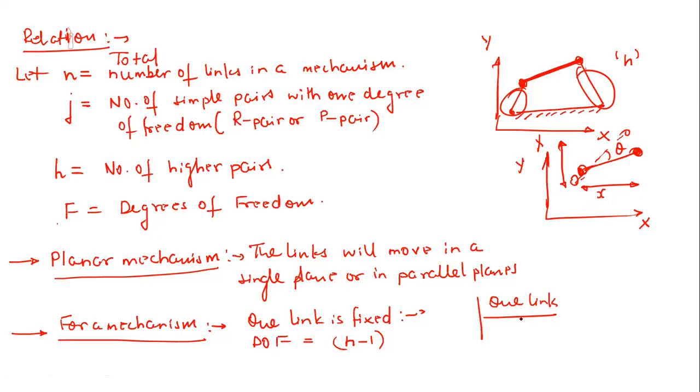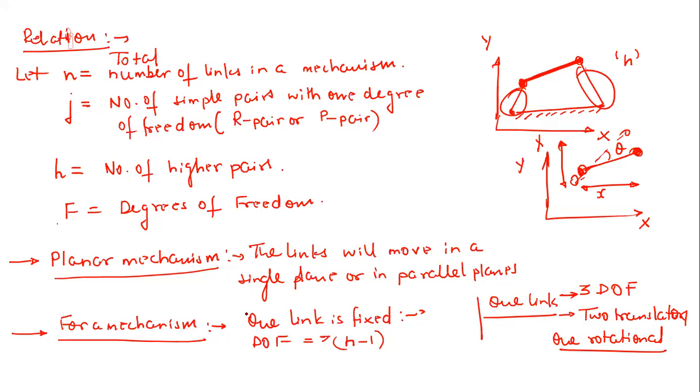So now one link will have 3 degrees of freedom, out of which there will be 2 translatory and 1 rotational. So now if one link has 3 degrees of freedom and n minus 1 links are free to move, what will be the degree of freedom for this?